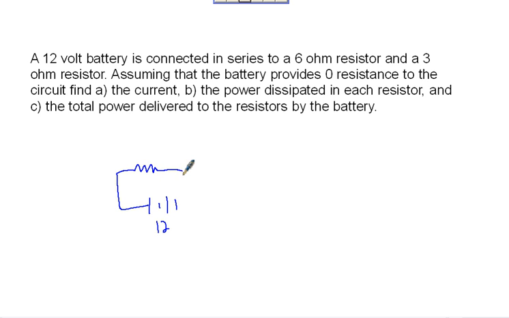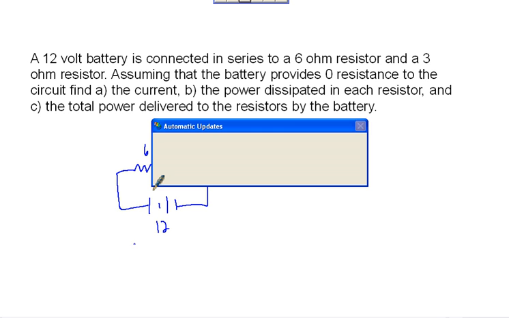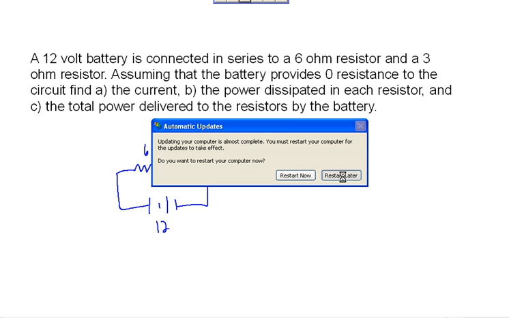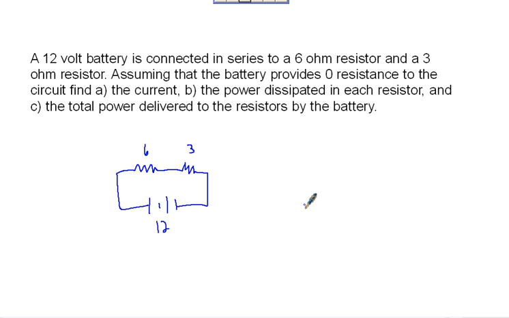So what we just learned a second ago was that we can basically turn these two resistors into a single resistor. All we have to do is add the two resistances. So this now would have a resistance of 9.